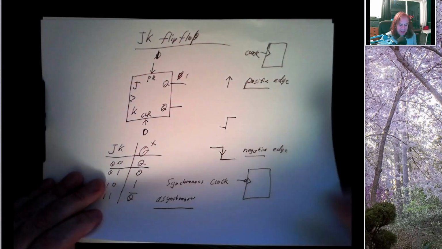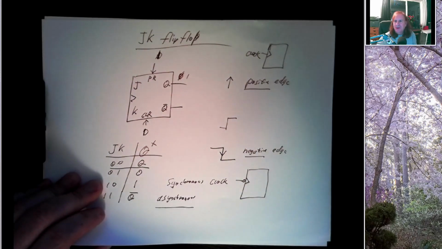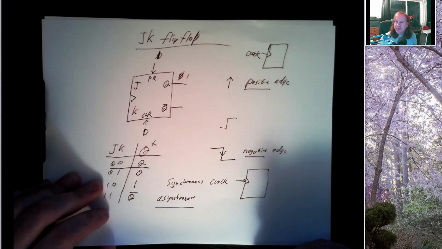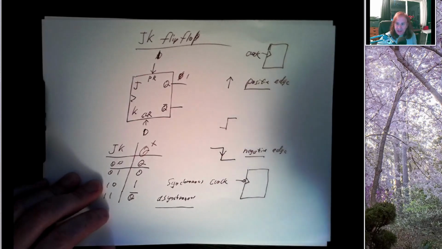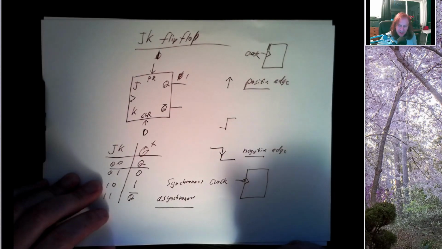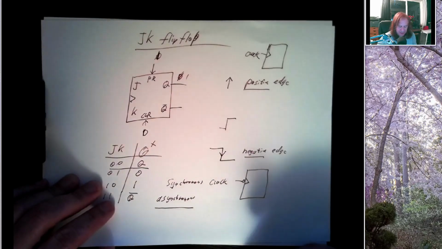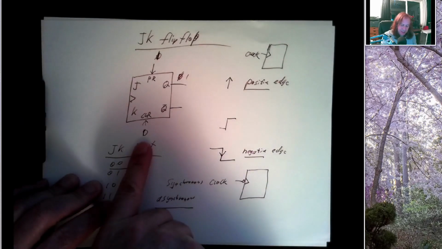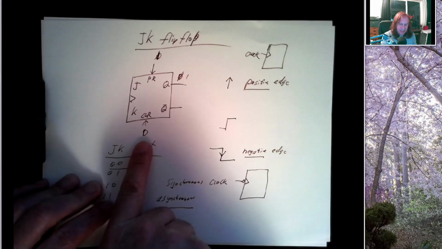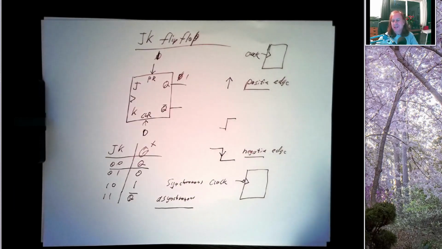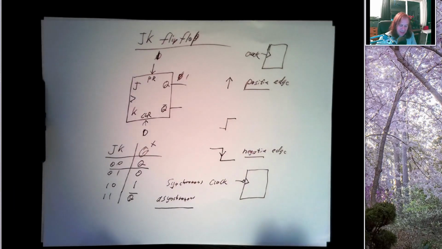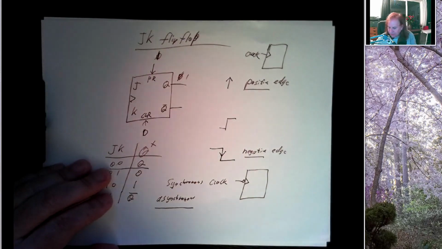We use this, for example, if we have a bunch of flip-flops and we want them all to be set to 0 in the beginning of the circuit's life, right? When we first apply power, we could build a circuit that shortly after power becomes available, sends a pulse into all the clear inputs. And if those are asynchronous, boom, all our flip-flops will get cleared to a 0, and now they're all in a known state.